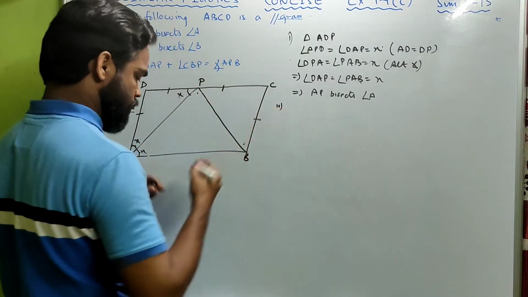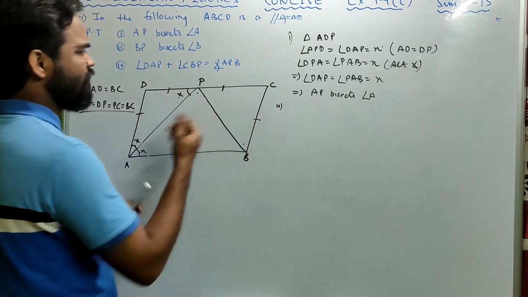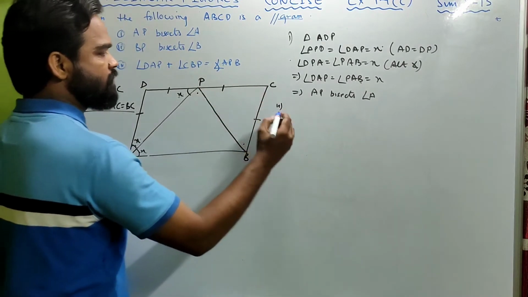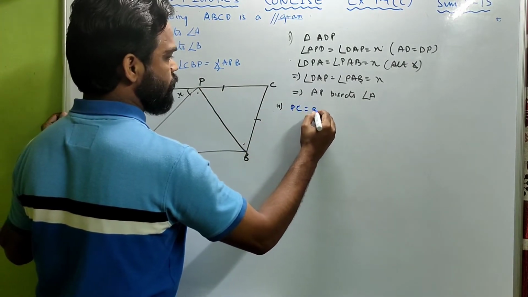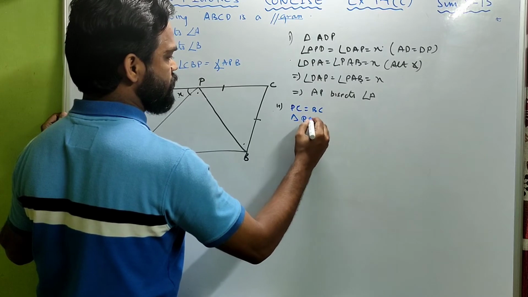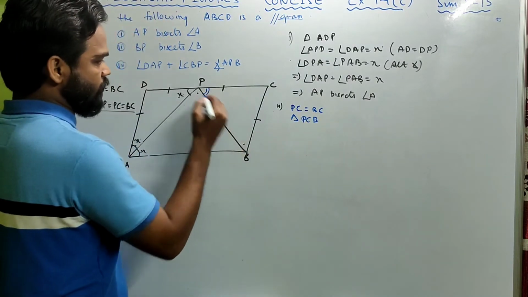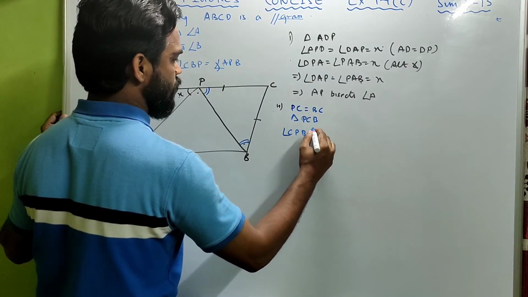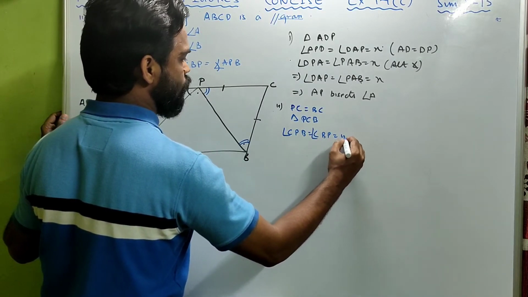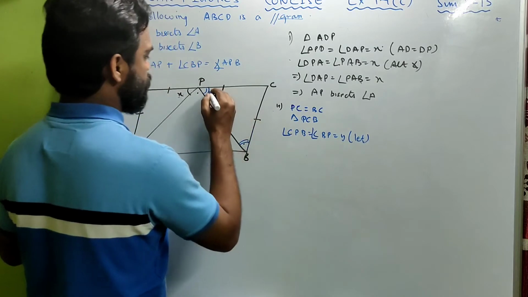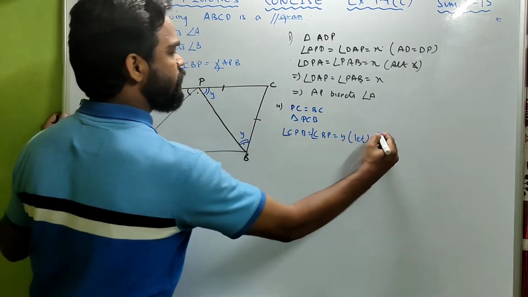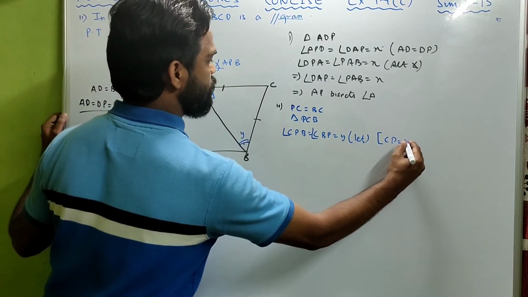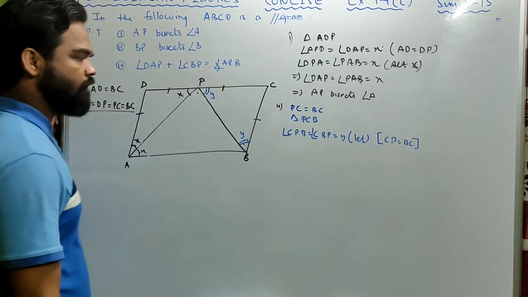Done. Number 2. Same fashion. See, PC equals BC in triangle PCB. So this angle and this angle will be same. Angle CPB is equal to angle CBP equals y. Okay, this is y. And why are they equal? Because CP equals BC. It's an isosceles triangle.